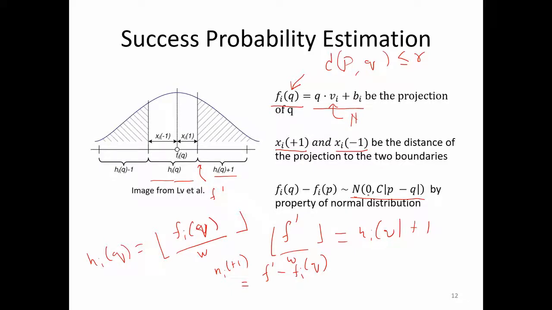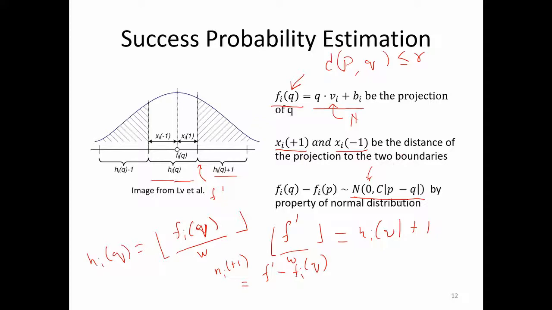Here the average is over all values of v and b. On an average, the mean of this distance will be 0, which is understandable because these should fall in the same bucket. On an average they should fall into the same point as you choose different hash functions, and the variance will depend on the distance between p and q in the original space. So the distance is less than r.